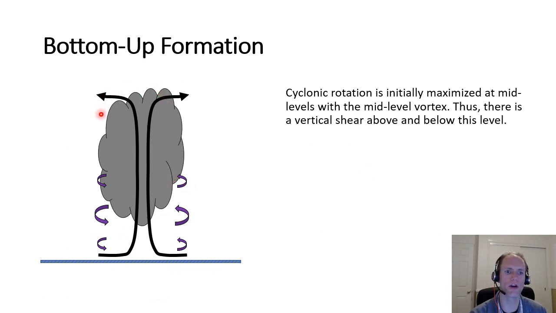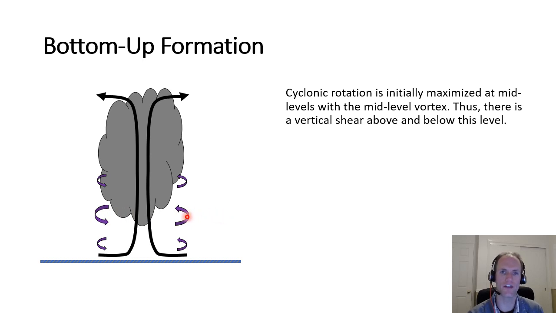So coming back to our cartoon of a thunderstorm here, we have the rotation structure that we see at the end of stage 1 and beginning of stage 2. Our mid-level vortex is located here. We have weaker cyclonic rotation below and weaker cyclonic rotation above. Thus, if we think about a wind coming out of the screen here on the left and into the screen here on the right, it's less out of the screen above and below the mid-level maximum than it is at the mid-level maximum.